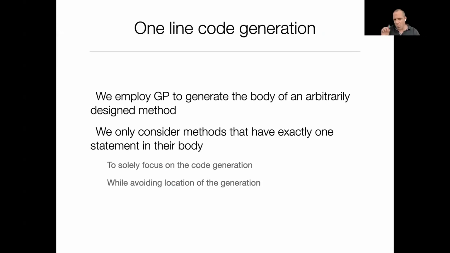The method is one statement long, and then we look at how genetic programming can generate the body of that method. We focus on methods that have exactly one statement in the body, and the reason is to solely focus on the code generation. We are avoiding all the localization of the generation, as was done in the 2009 paper.